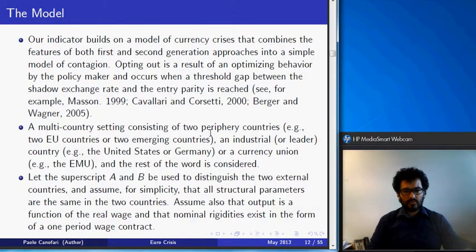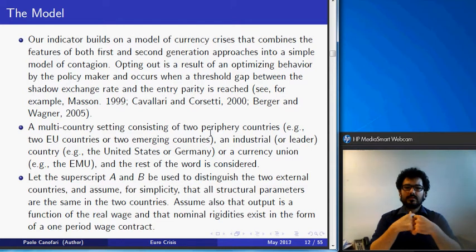In order to build a model, we use a simple second generation framework of currency crisis, and we combine some models in this setup, in particular Masson, Cavallari and Corsetti, and Berger and Wagner.